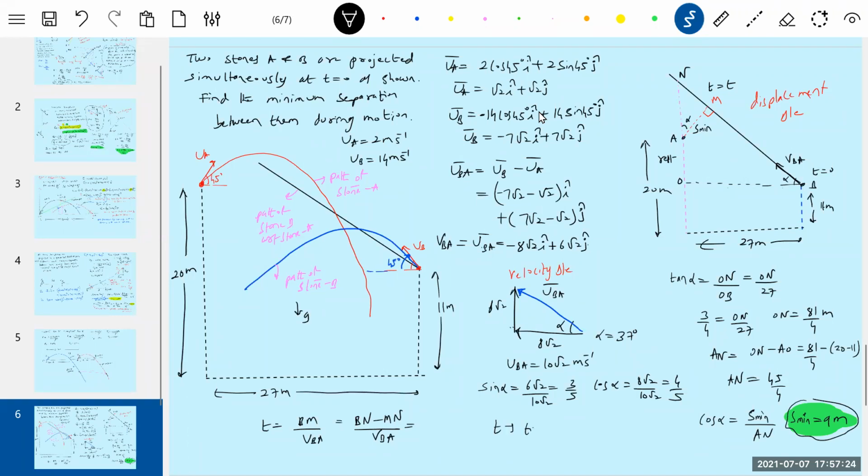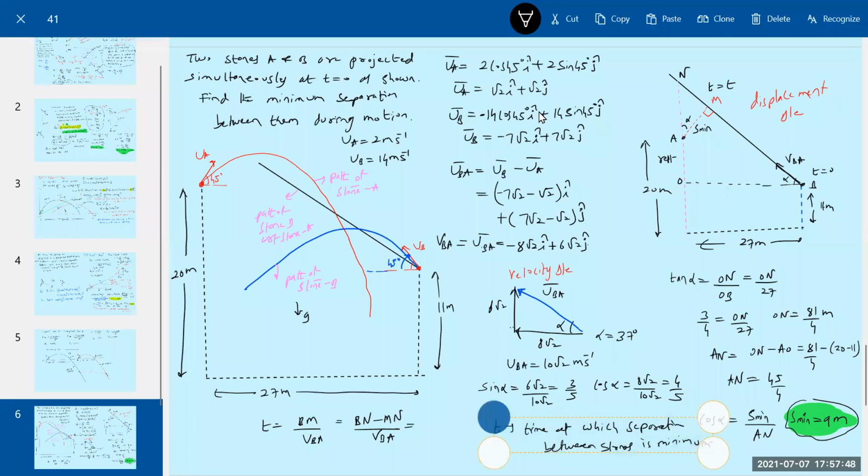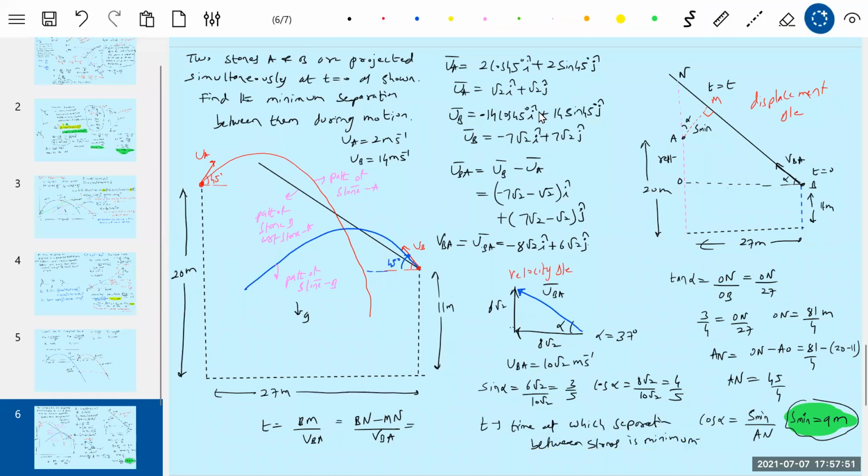T is the time at which separation between stones is minimum. Anybody, just get me the value of this time, then we'll end the class.